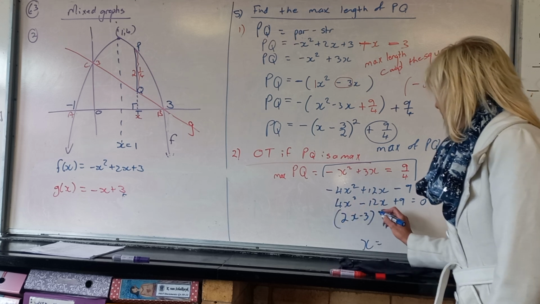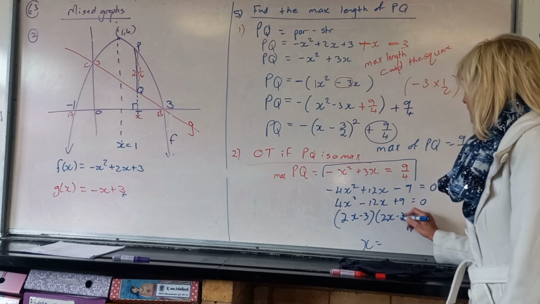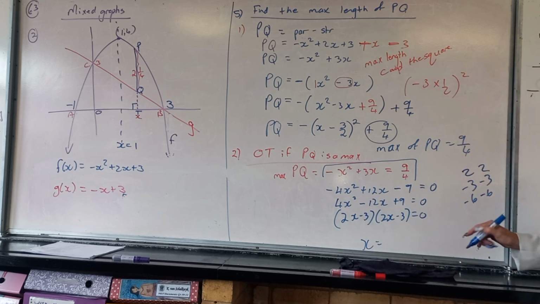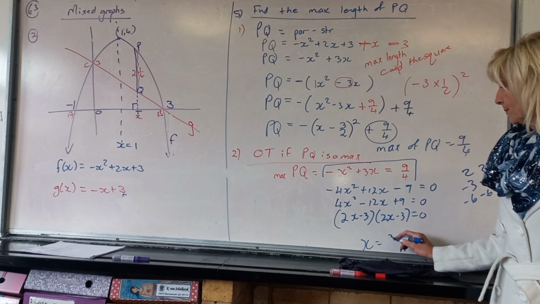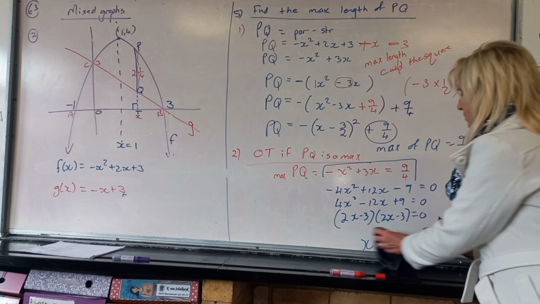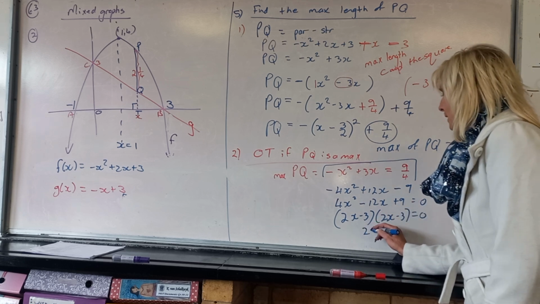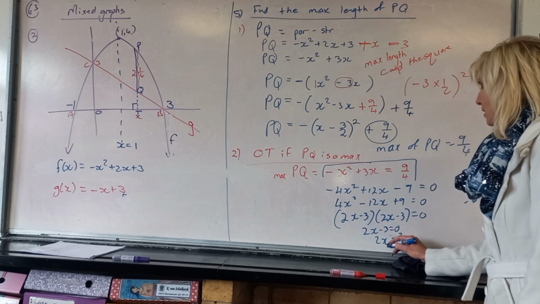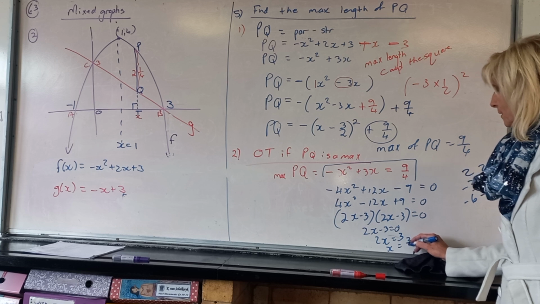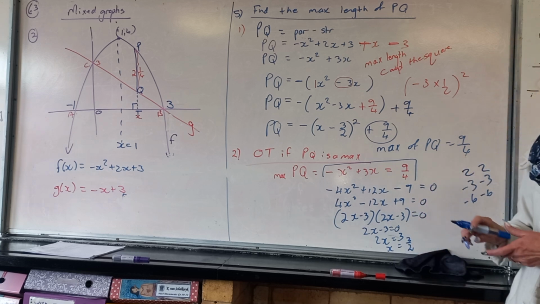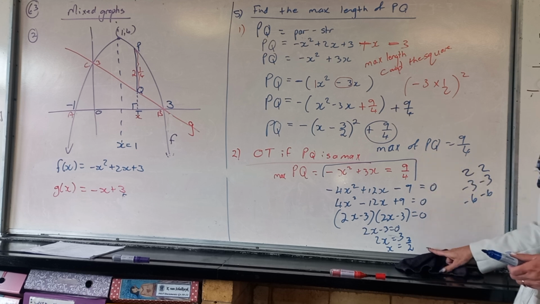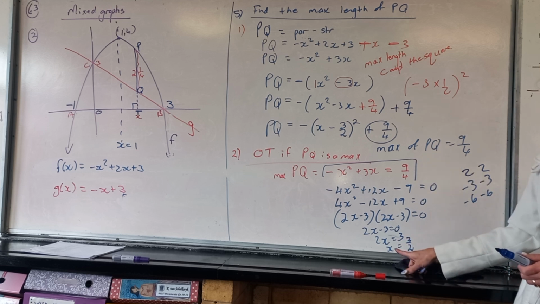Guys, if you can't factorize a trinomial, you better get with it, eh? James Bond style. So we've got x is equal to, let's write it out twice. 2x minus 3 is equal to 0, so 2x is equal to 3, so x is equal to 3/2. What does that mean? Where the distance between these two graphs is 2 1/4, the x value is 1.5.